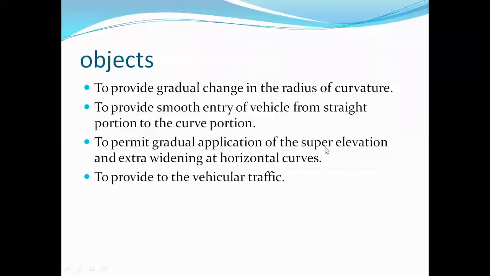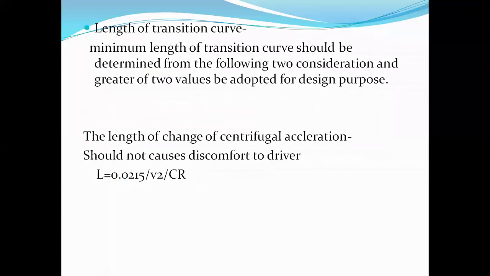Just remember these terms, super elevation and extra widening. We are going to discuss these terms in the next part of this unit. Then the fourth object is to provide for vehicular traffic. These are the objects of the transition curve.